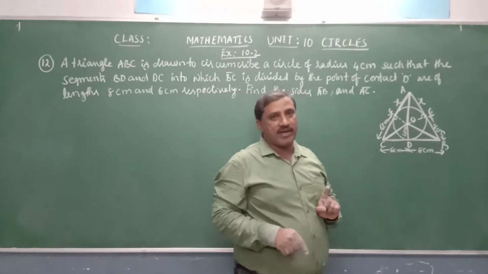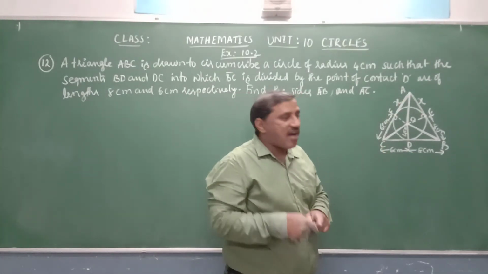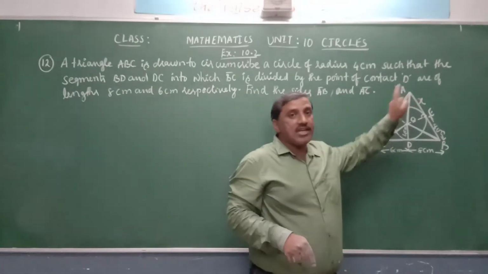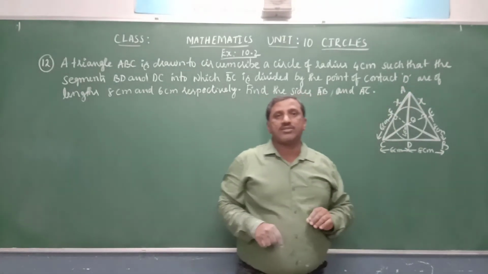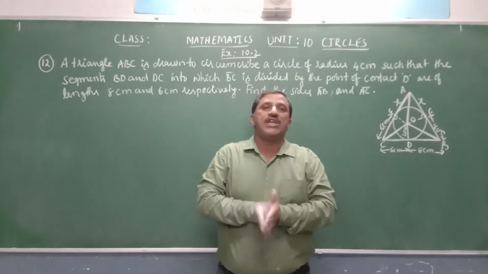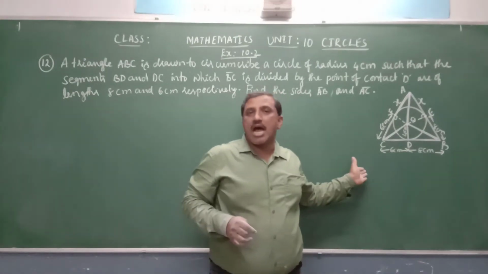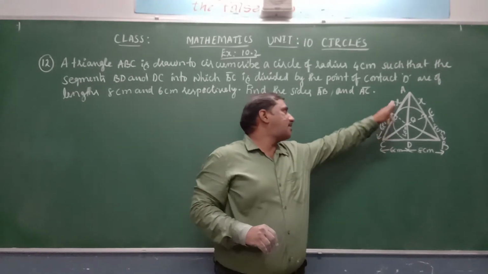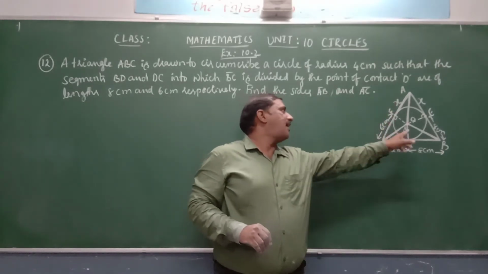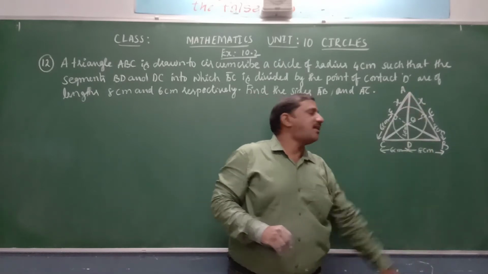That is case 1. Case 2: find the area of triangle ABC using the sides AB, BC and AC using Heron's formula. Equating both, we will find the x value. By adding x to 6 centimeters we will get AC, and adding x to 8 centimeters we will get AB.